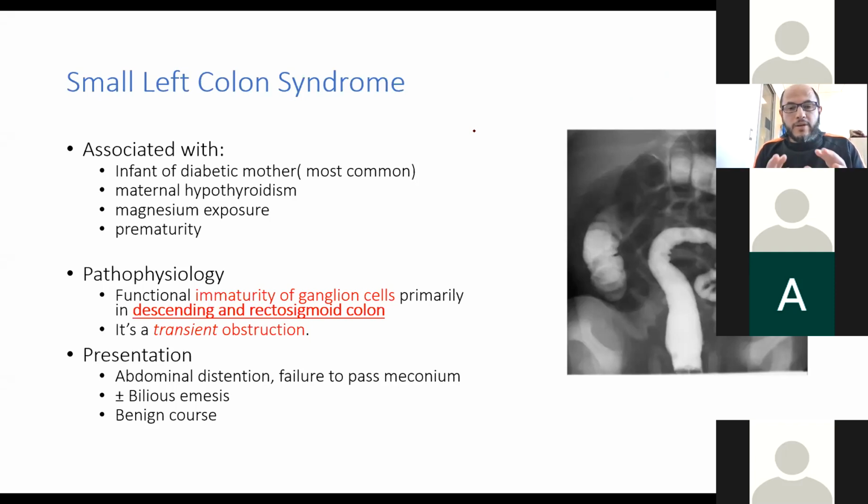You have a motility issue, or you have prematurity, but the majority of cases come with infant of diabetic mom. It's functional immaturity of the ganglion cells. So it's not like Hirschsprung, with absent ganglion cells. Here, no, there is just immaturity. And the majority is at the level of the descending colon or rectosigmoid, so on the left side.